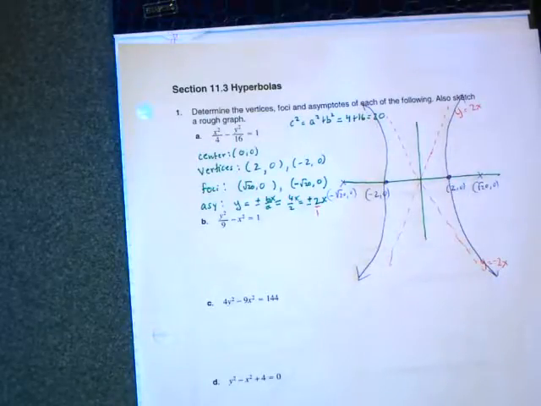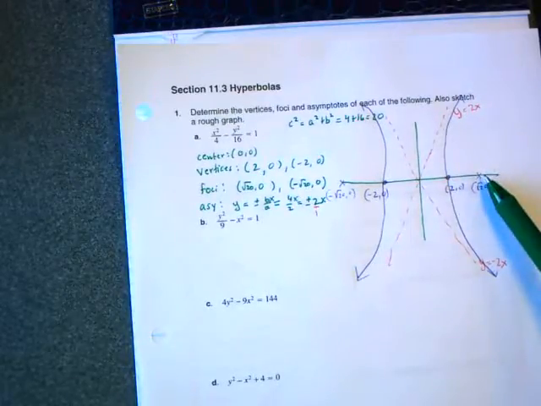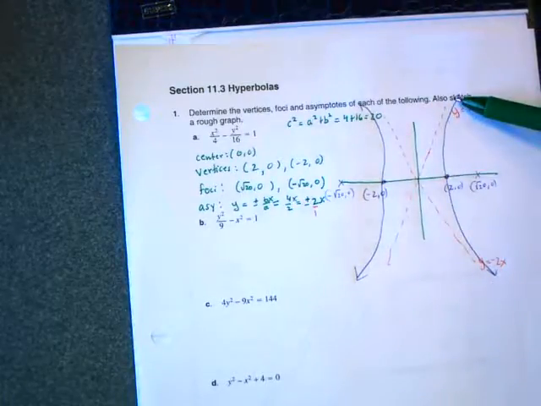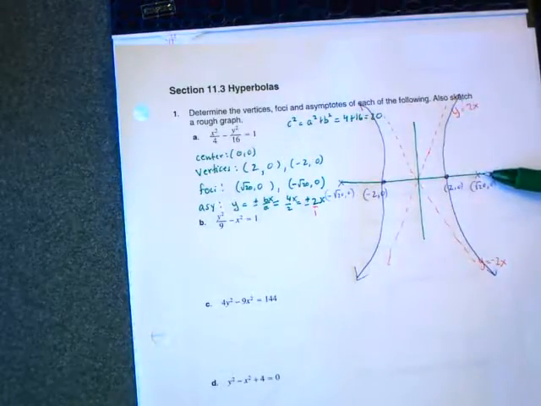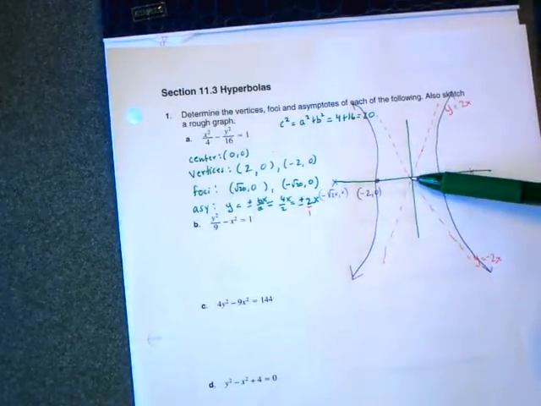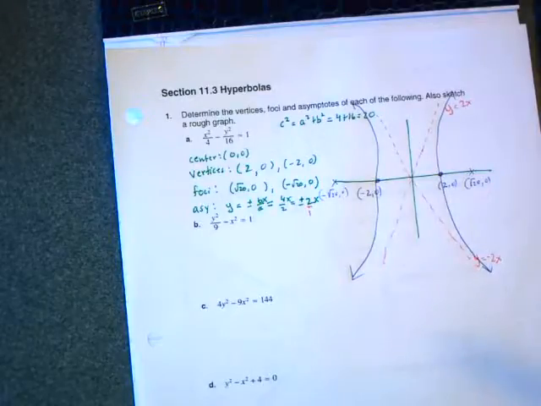But it has to do something like that. I'd have to look it up in the book, but it has to do with a distance sort of thing. If you pick a point on here, the distance from here to the focus is maybe the distance from here to the center or something like that. I forget exactly what it is for a hyperbola, but it's something along those lines. Okay?